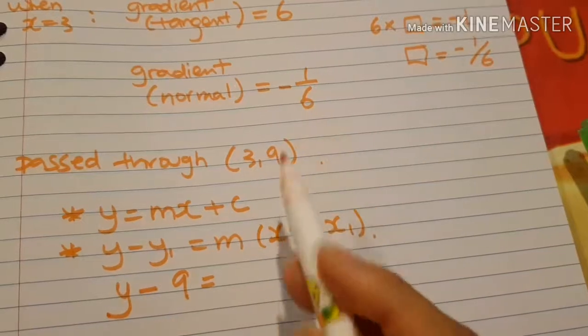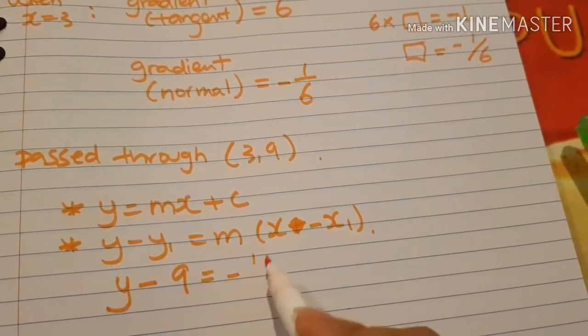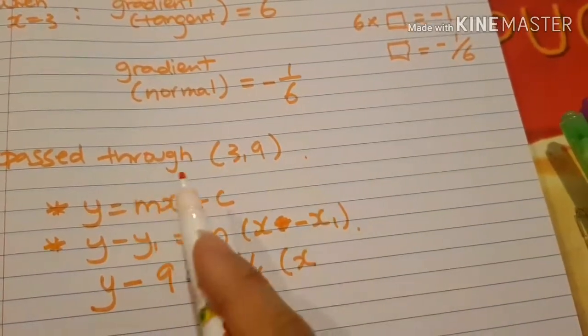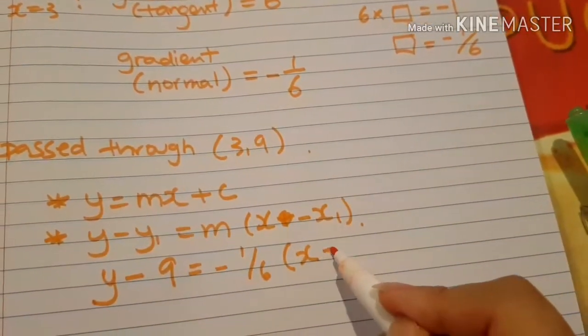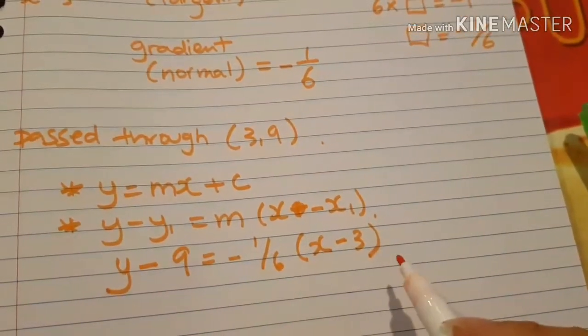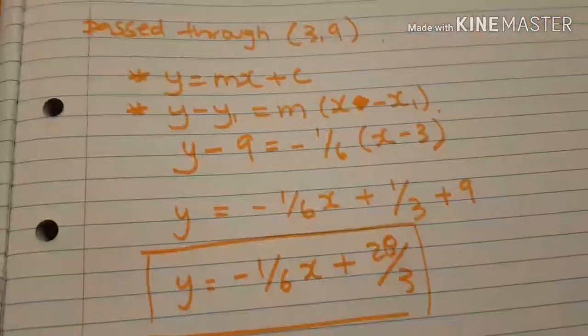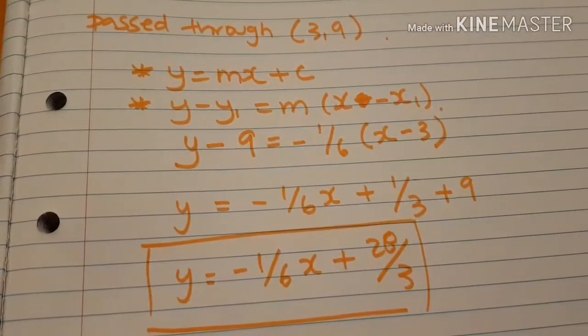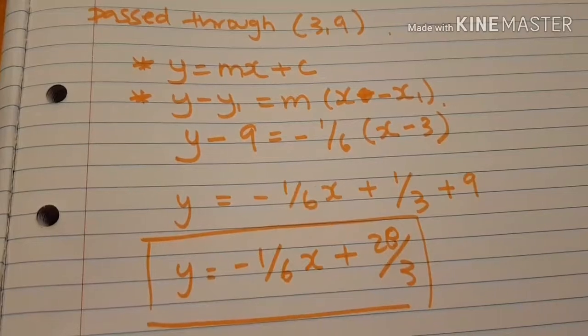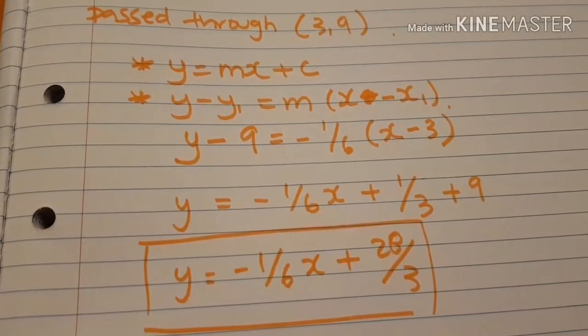My m is -1/6. X, I'm just going to write as it is. X1, what is it? 3. So -3. You just need to expand the bracket and rearrange to make it into this form. So there you go. That will be my equation of the normal to the curve x squared.